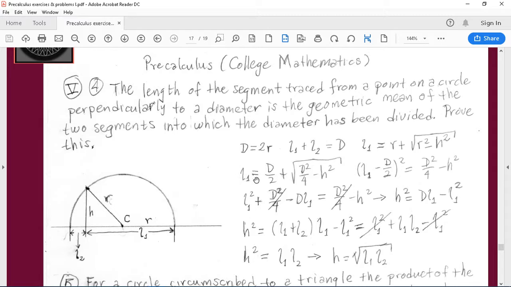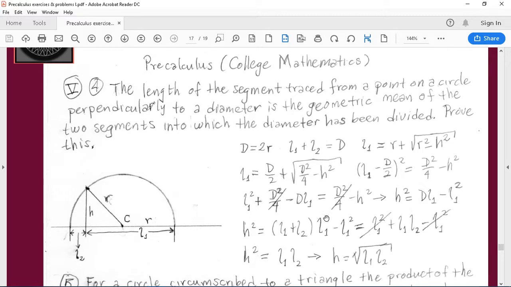So we send this one to subtract and we square that, so that we have that L1 minus d halves, squared, equals this square root squared, and that square root squared is d squared fourths minus h squared. So expanding this square, we have that L1 squared plus d squared fourths minus d L1 equals d squared fourths minus h squared.